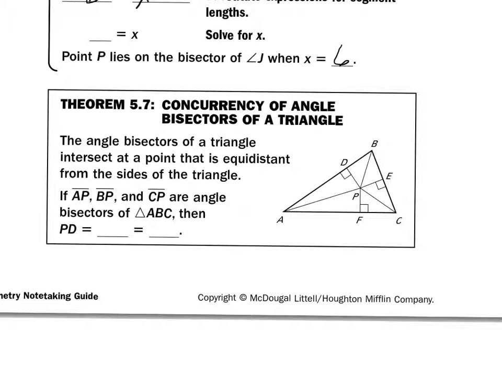So this is a point of concurrency when you have angle bisectors, equidistant not from the angles anymore, but from the sides of the triangle. So if AP, BP, and CP are angle bisectors, then PD is PE, which is also PF.